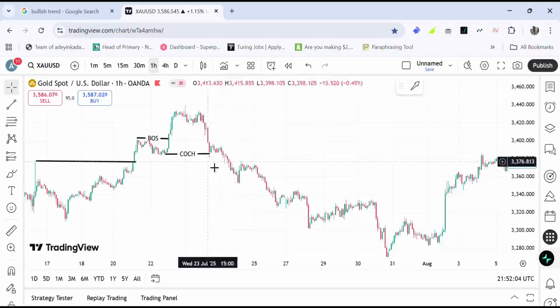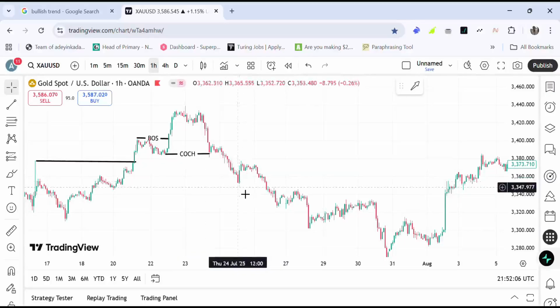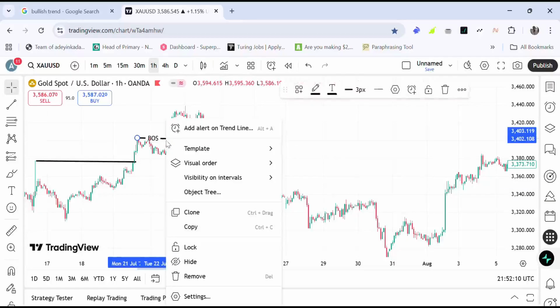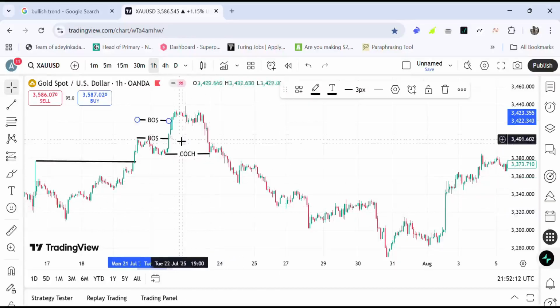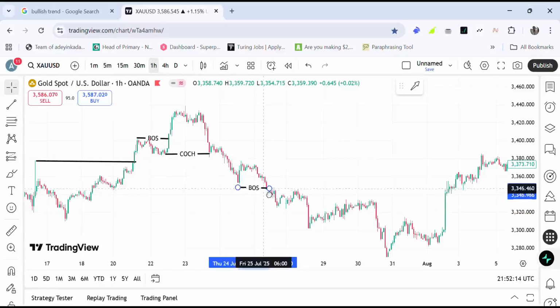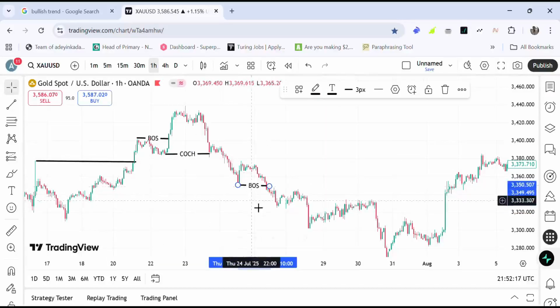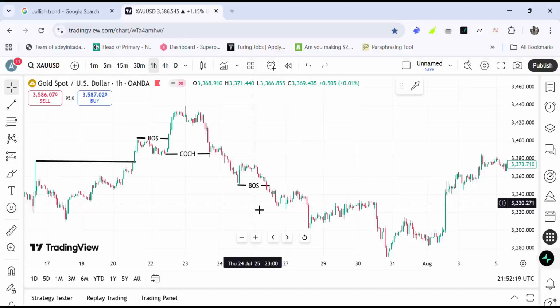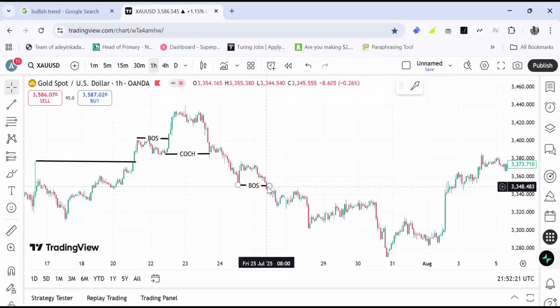So looking at the market again, there is another break of structure to the downside. So I can just clone this. So this is a break of structure to the downside. So when we have this break of structure to the downside, what actually causes the break of structure?